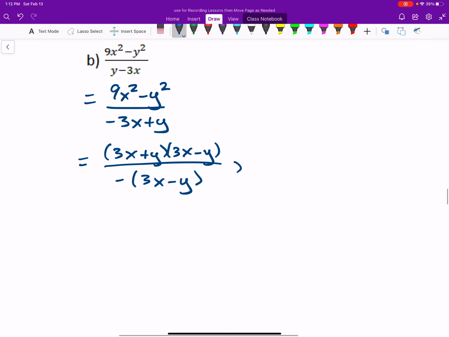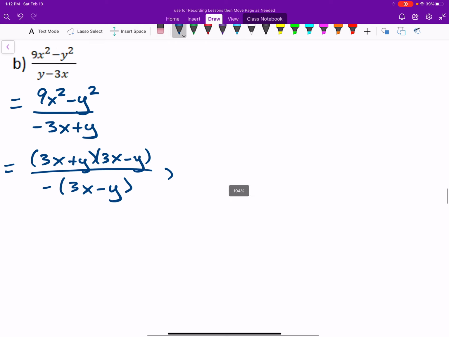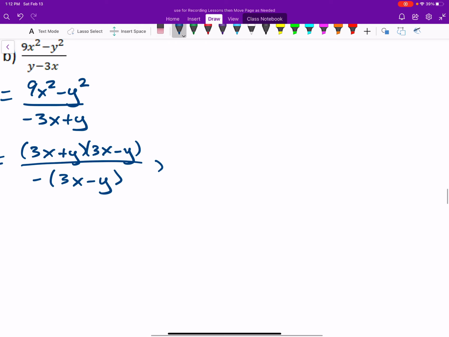This is a good time to do the restriction. Again, it's going to be a relative restriction. If y is 3 times bigger than x, I'm going to have a problem. In other words, again, here's some rough work over here. When 3x minus y equals 0, we're going to have division by 0. Well, that's going to occur if 3x equals y.